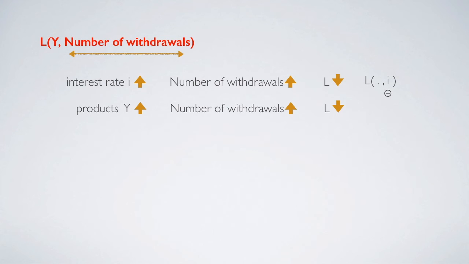But earlier we also learned that the higher the amount of output that needs to change hands for transaction, it would actually directly increase the number of baskets that need to change hands for each transaction. We already know it would create a direct effect to increase this L. So as you can see, when the economy produces more output, it creates two opposite forces, these two forces against each other, to affect the number of baskets in each transaction.